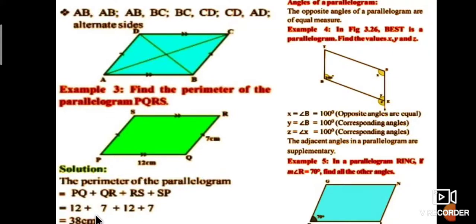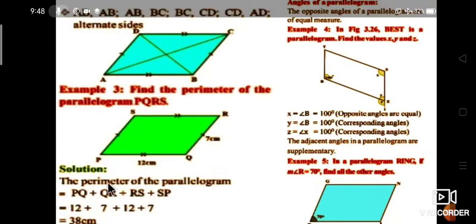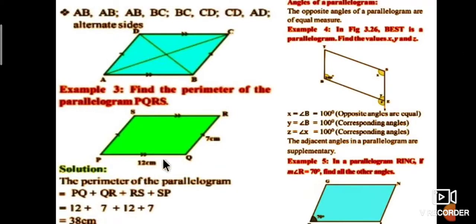Similarly, RS is equal to 12 centimeter, because it is opposite and equal to PQ, plus SP is equal to 7 centimeter, because it is equal to RQ or QR. Therefore sum of four sides is equal to 12 plus 7 plus 12 plus 7, 19 plus 12, 31, 31 plus 7, 38. Therefore the perimeter of the parallelogram is equal to 38 centimeter.